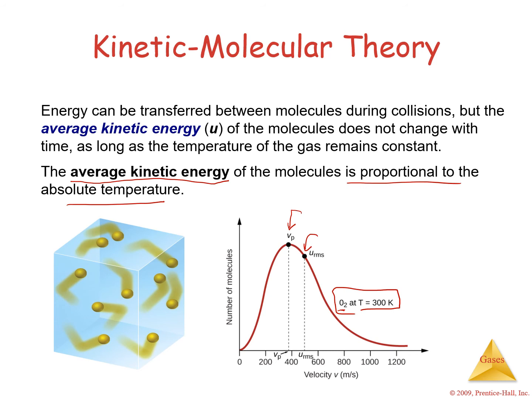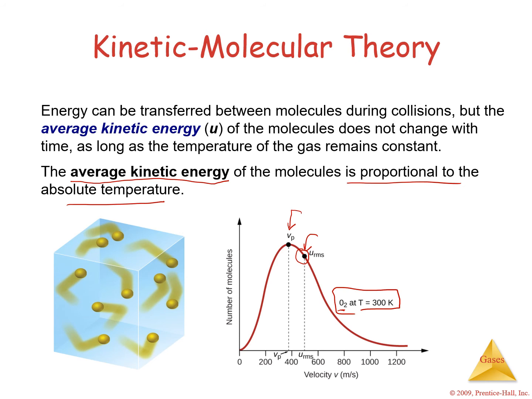This shape is maybe not as important. It's just showing the distribution of molecules with a certain speed. Around this point is the speed equivalent to the so-called average kinetic energy, and this kinetic energy is proportional to the temperature.